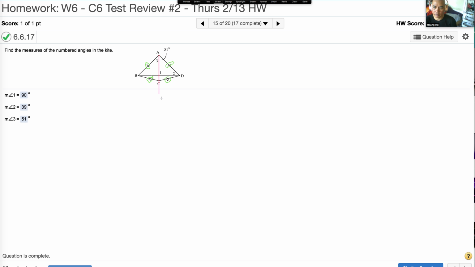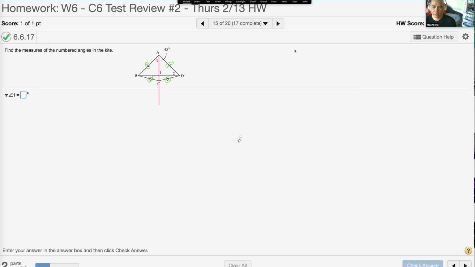Okay, here we go. You see, it means everything on the left side and everything on the right side have to be equal to each other. So therefore, angle 3 and angle 51 have to be equal to each other. And now the next thing is, I think that's it. That's it. Let's do question 16.